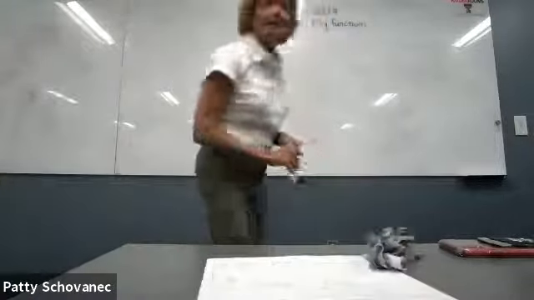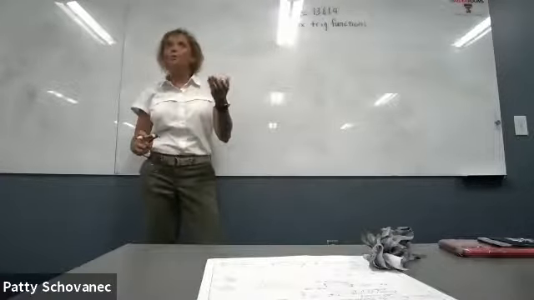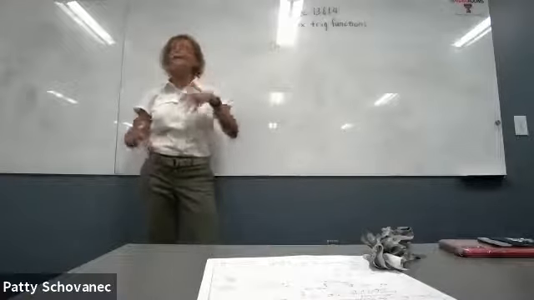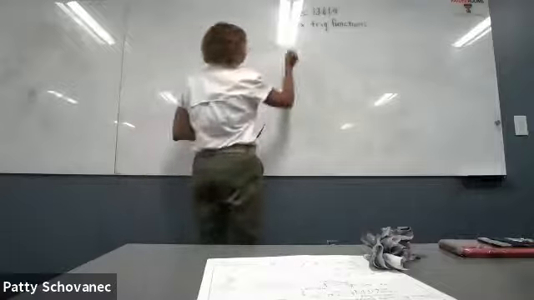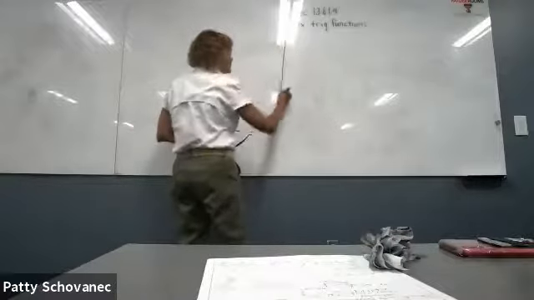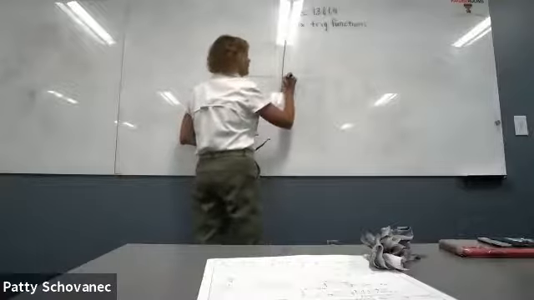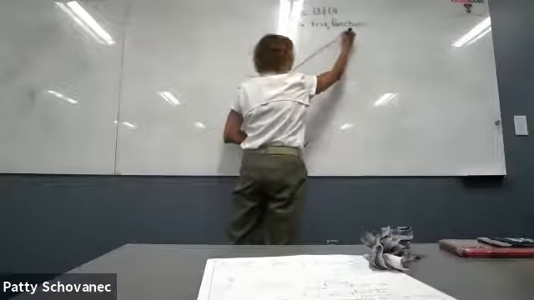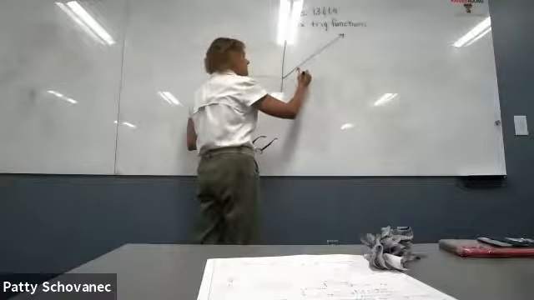So if you take an angle in standard position, which means it has its vertex in the origin, and you rotate that around the XY plane, an angle is formed with the positive x-axis. So suppose I rotate the ray to about right here. And the angle's formed with the positive x-axis.